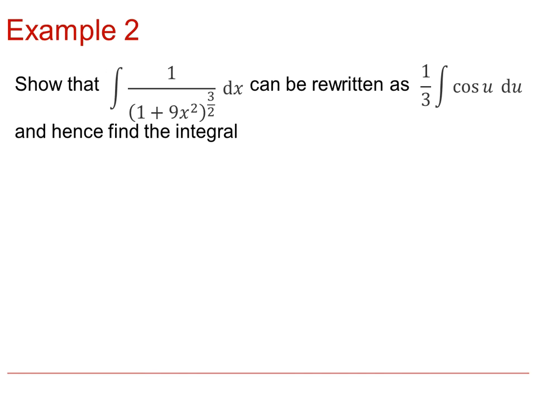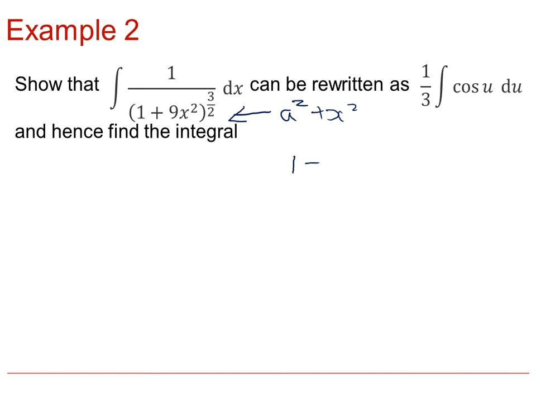In this example, we're asked to show that the integral can be rewritten as a third of cos u being integrated with respect to u, and hence to solve that integral. We notice that this is of the form a squared plus x squared. But we also need the coefficient of x squared to be 1.